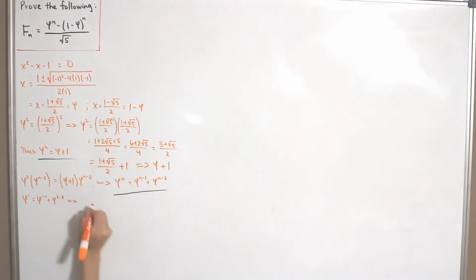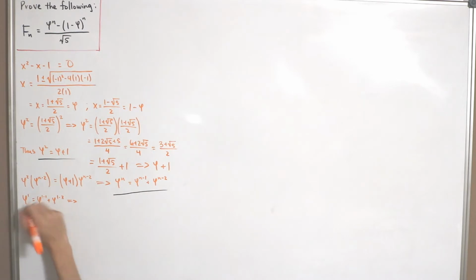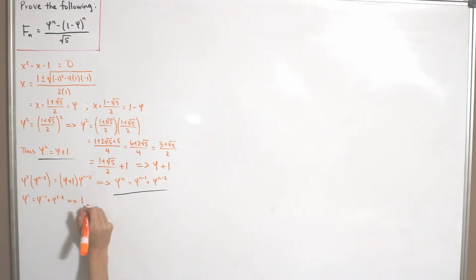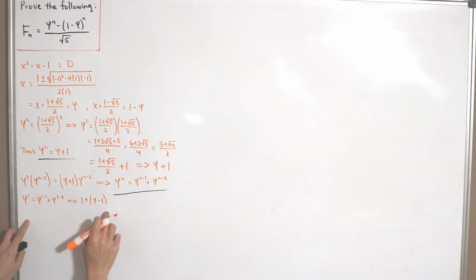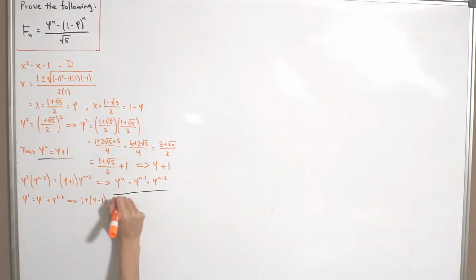So phi to the power 1 minus 1 is phi to the 0, so this is just 1, and then plus phi to the power negative 1. There's an interesting property that 1 over phi is equal to phi minus 1. And so you'll notice that the 1's cancel from each other. So this is just phi.